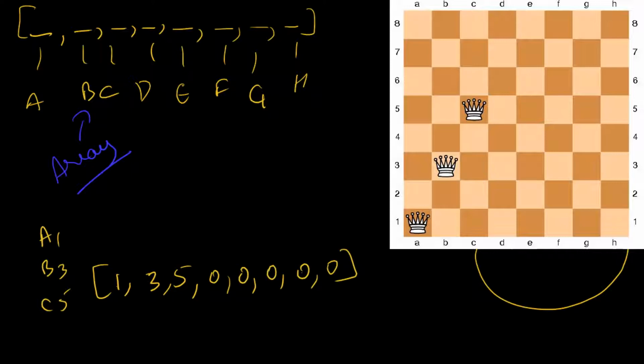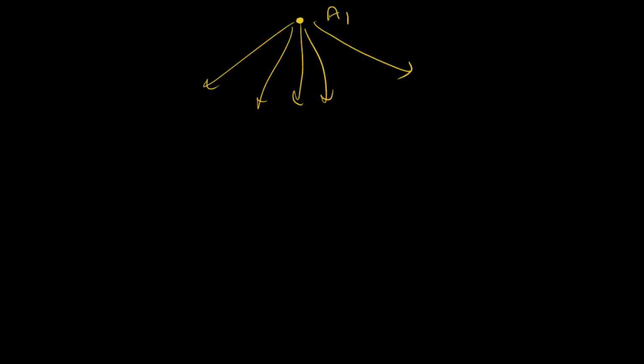Alright, and now let's jump to the part where we actually start solving our 8 queen problem. Just for the sake of argument, we'll prompt the user to choose a row from A1 to A8 to put the queen, and let's say the user chooses A1, then we'll have an expand function to expand the values.